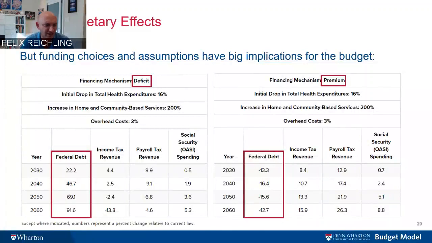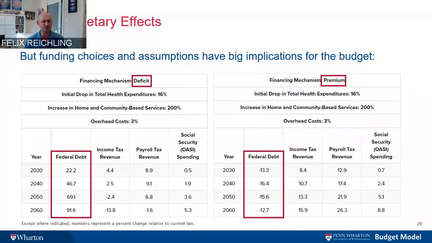We assume that the initial drop in total health expenditures is 16%, so that basically providers would get paid 16% less than under current law, and that there's a huge increase in home and community-based services of 200%. And a total overhead cost of 3%.